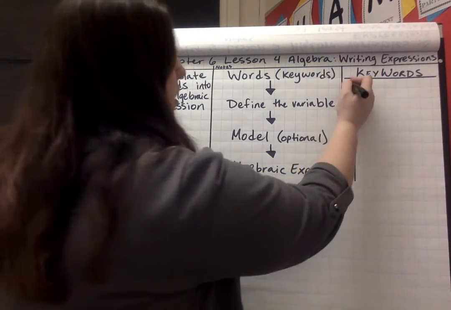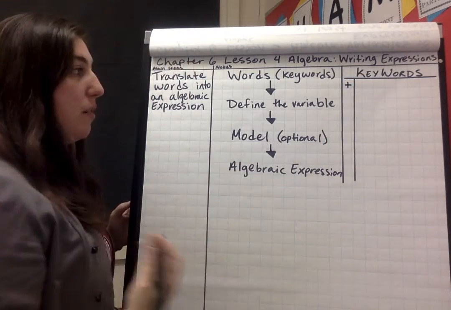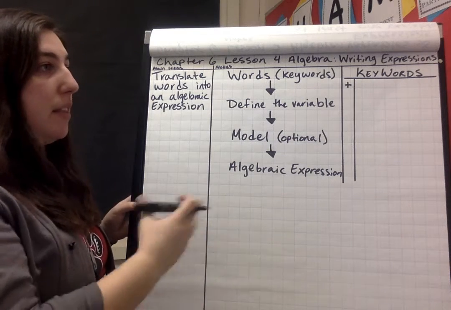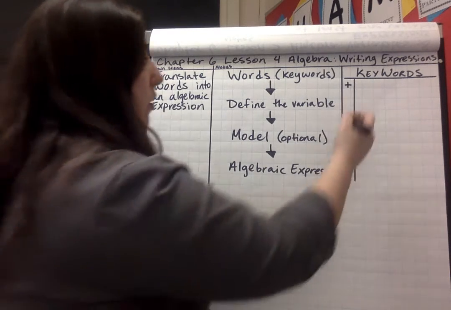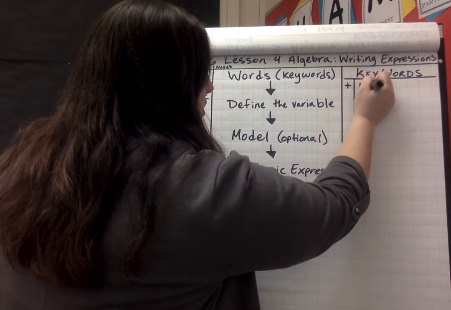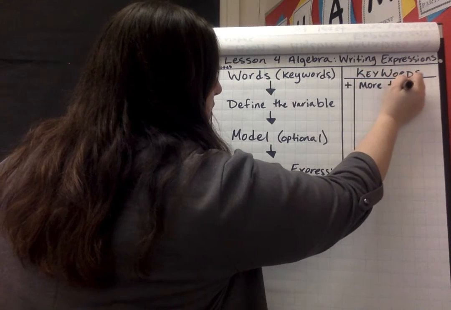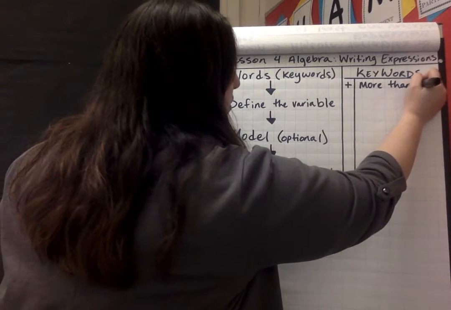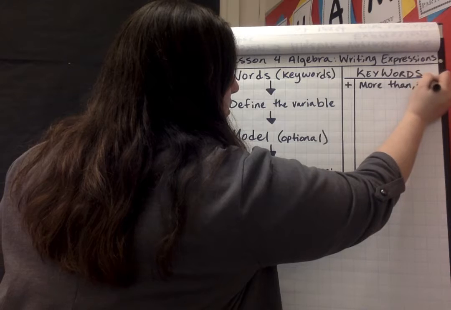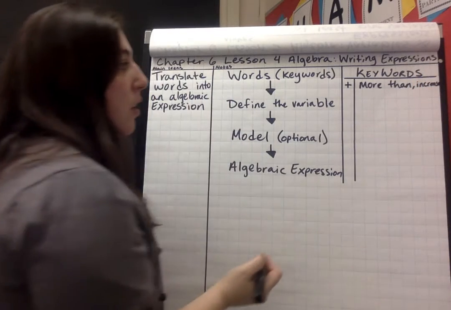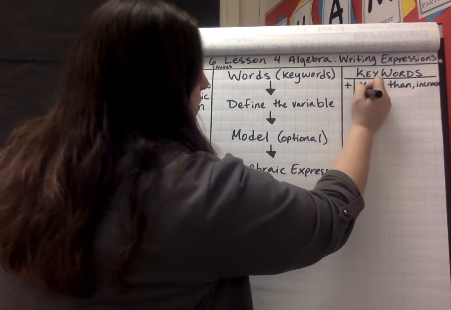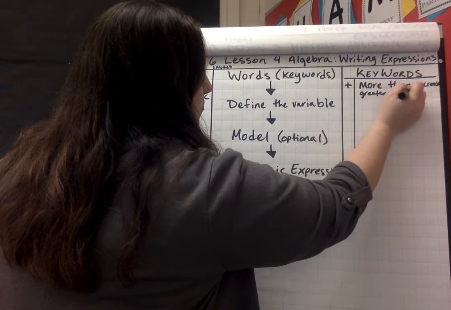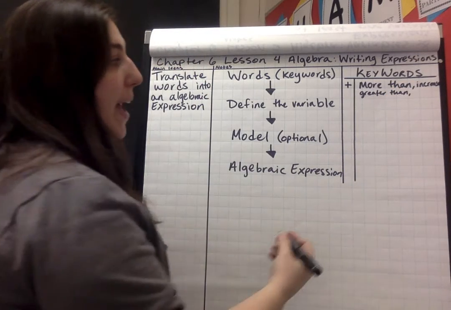Okay, so let's start with addition. There are going to be words in a situation that tells you if you're adding, and in this case, those words are going to be more than. So if something is more than something else, an increase, greater than, and add.